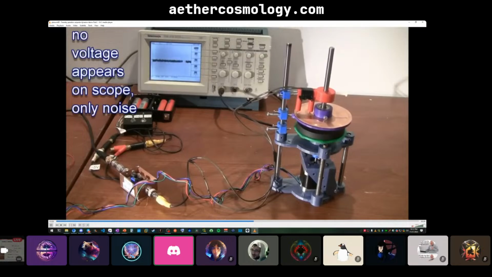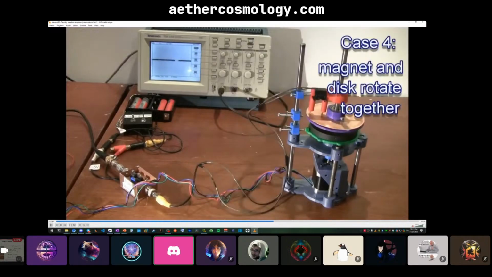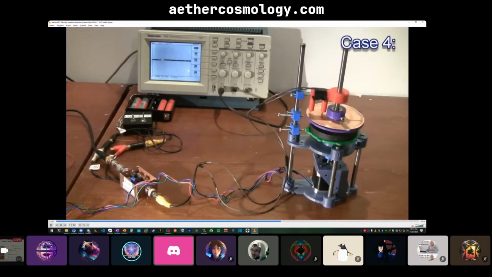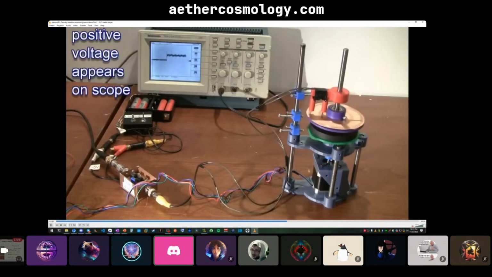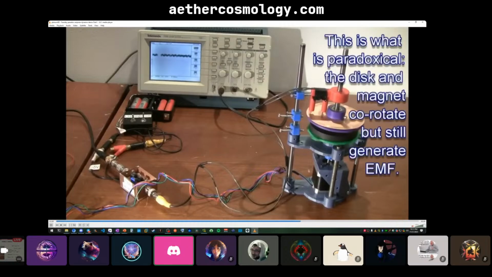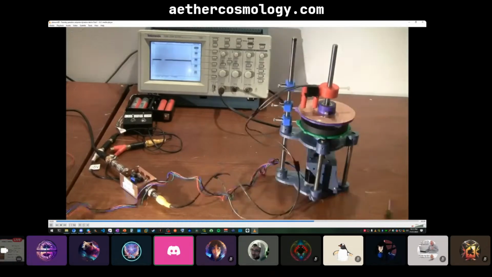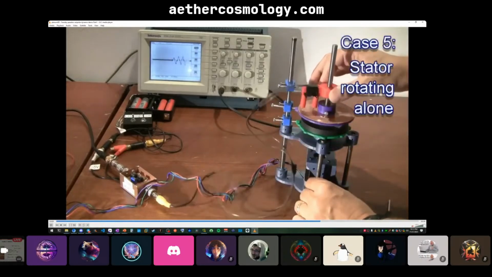The conductor and the magnet. Well, there's two situations in which that's not true. If both the conductor and the magnet rotate, then the law of relativity would say there's no relative motion, so there should be no EMF. That's wrong. There is an EMF detected.